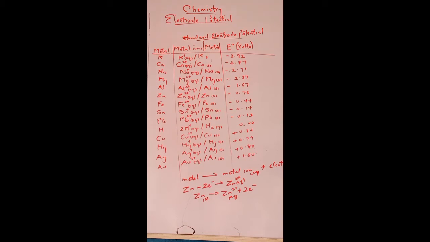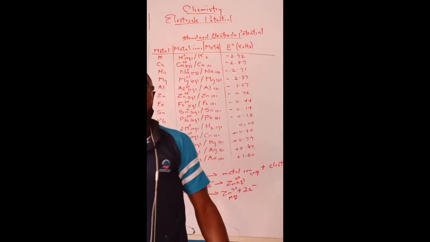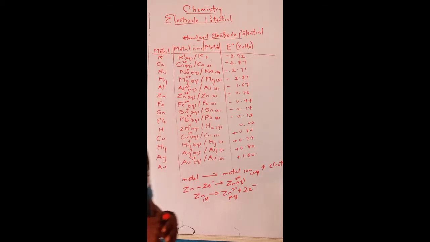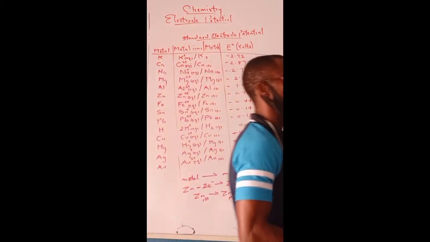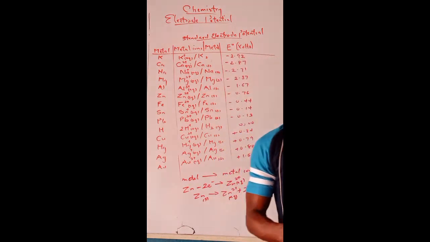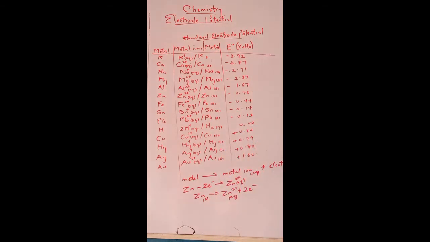In a similar case, when a copper metal is placed in a solution of copper 2 tetraoxosulfate-6, some copper is deposited on the copper rod.